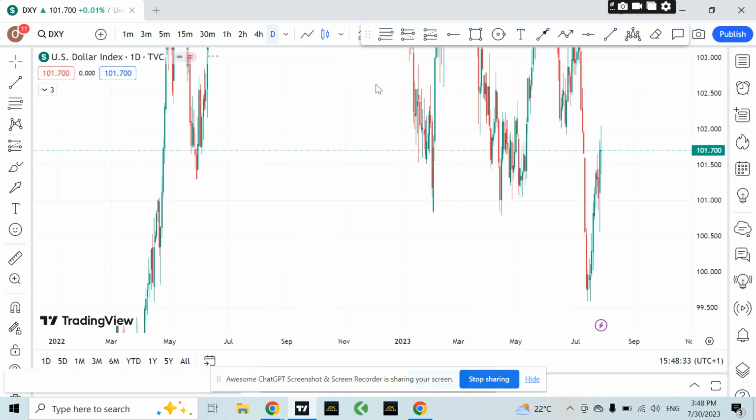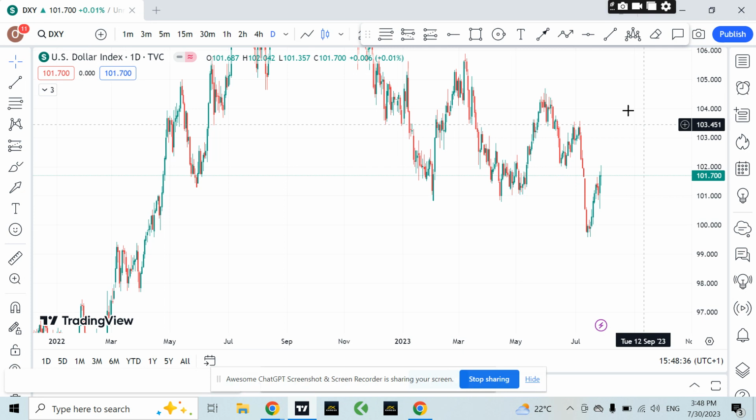So let's go to the daily time frame and see what the DXY is telling us.